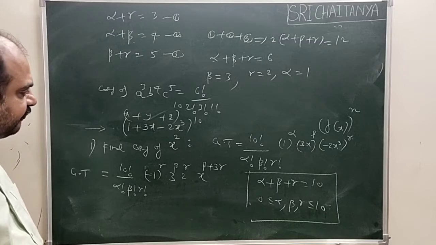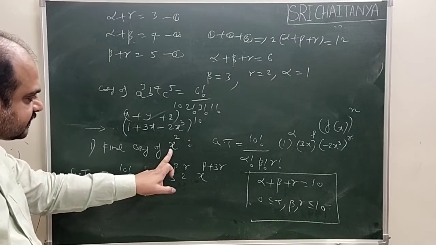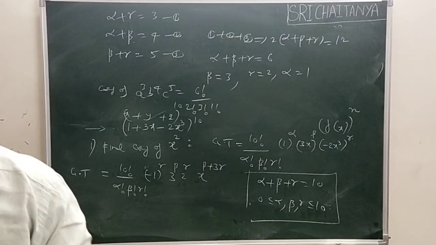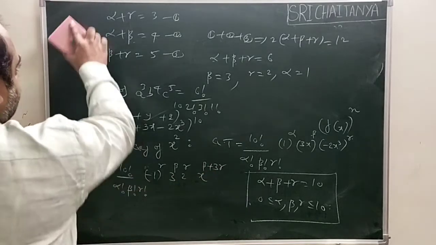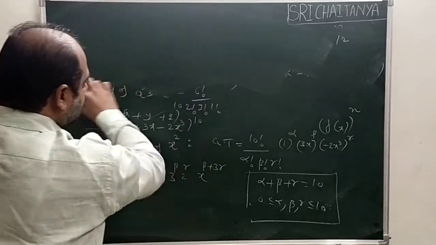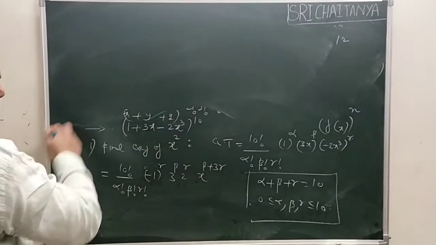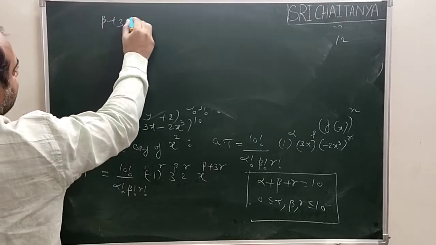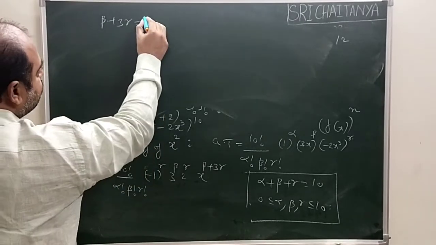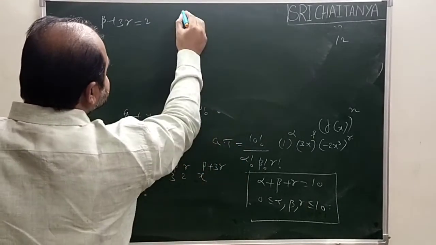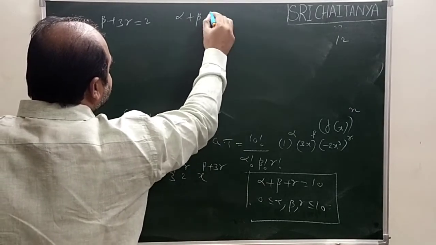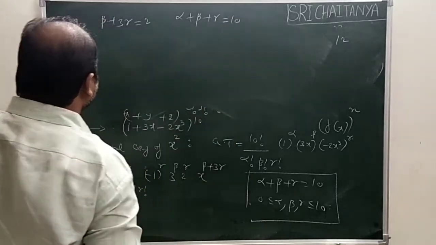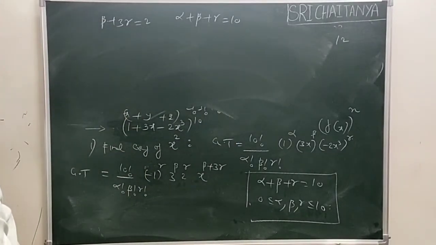Now look at what you have to find: the coefficient of x square. X square means this power equated to 2. So beta plus 3 gamma equals 2, and another condition is alpha plus beta plus gamma equals 10.